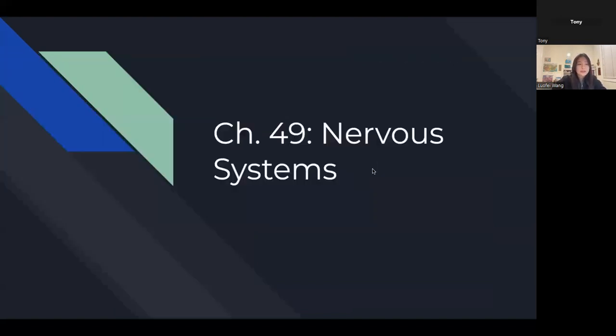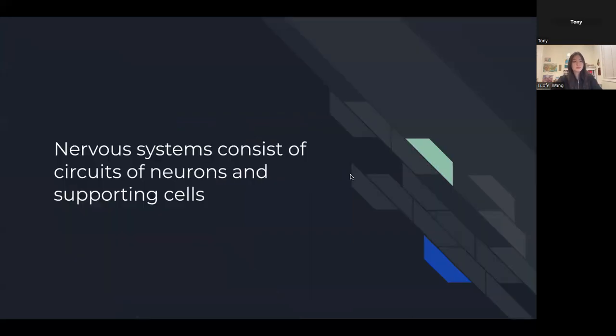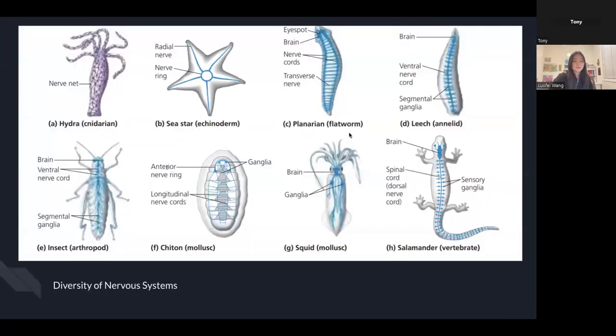Okay, next is nervous systems. Nervous systems consist of neurons and their supporting cells, which include the glia cells. Many animals have a central nervous system and a peripheral nervous system that carries the information out. And these are the various types of nervous systems that organisms can have.